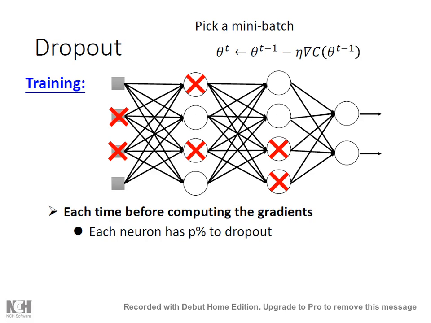Suppose we have 50% to be dropped out. Here you can see, of the 4 neurons, 2 are dropped out. Dropping out means we just remove them in this training; we don't use these neurons in the training. So it's called dropout.